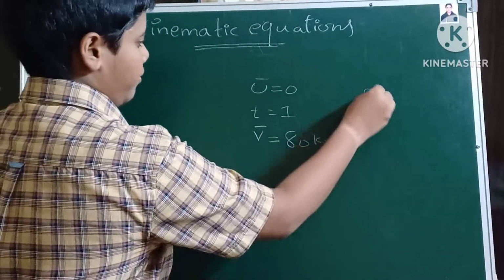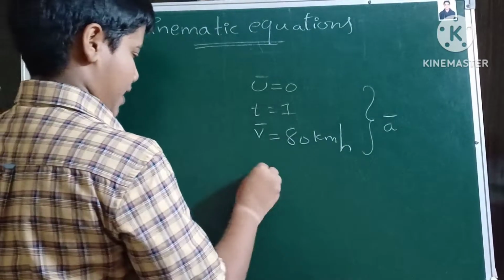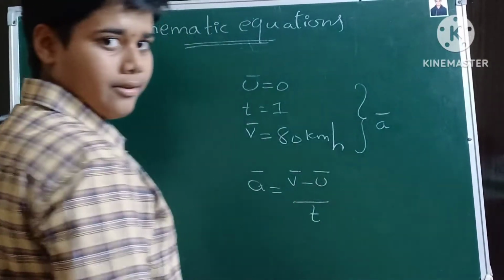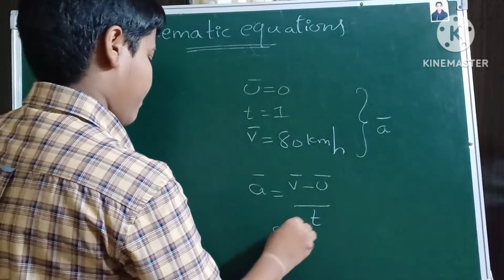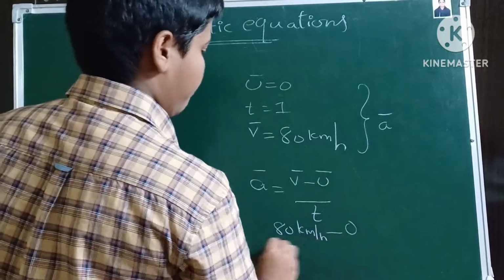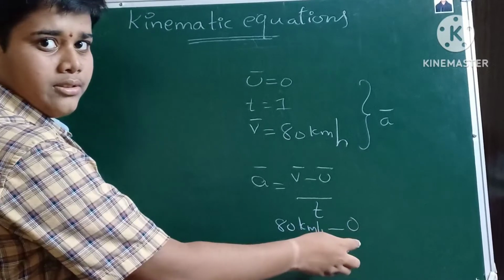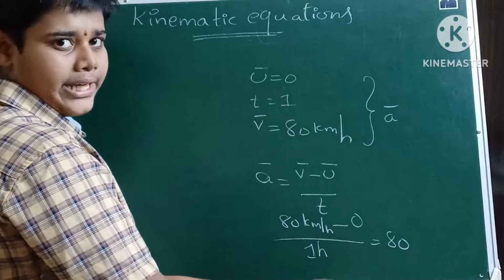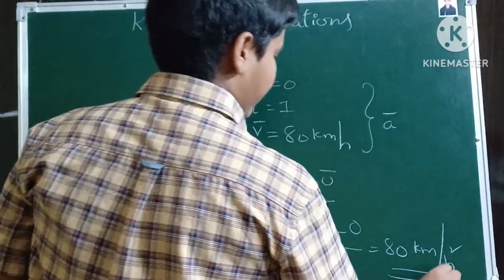They ask to find the acceleration. Acceleration is equal to V bar minus U bar by T. V bar means 80 km per hour, minus 0, by 1 hour. So 80 minus 0 is 80, divided by 1 hour is 80. So 80 km per hour square is the acceleration.